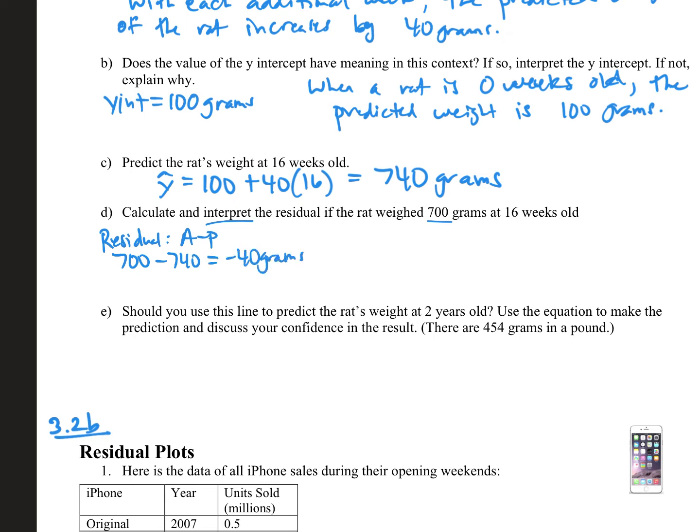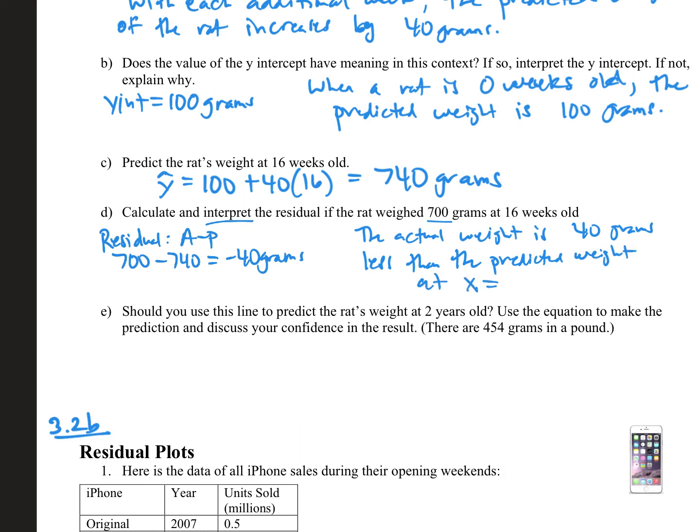Okay, so here's the interpretation. You would say the actual weight is 40 grams less than the predicted weight. And here's what I left off on last time when I was interpreting residual: you're supposed to say at x equals 16 weeks, because the residual is going to be different for every different week.